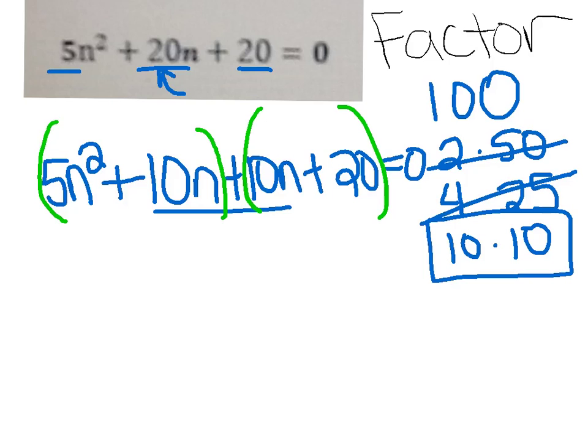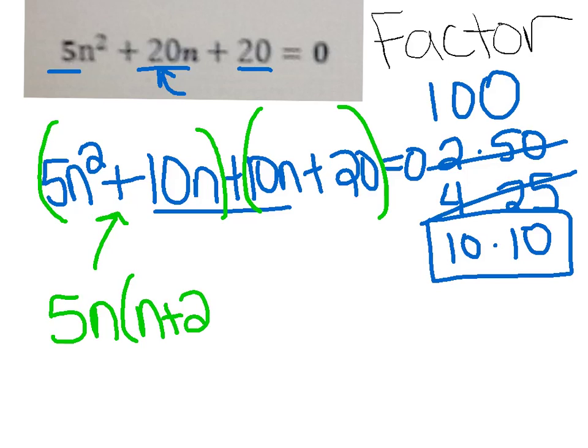In our first group, what can we pull out? What is the greatest common factor we can pull out of it? So we see we could pull a 5 out and an n out, leaving us left over with an n plus 2.